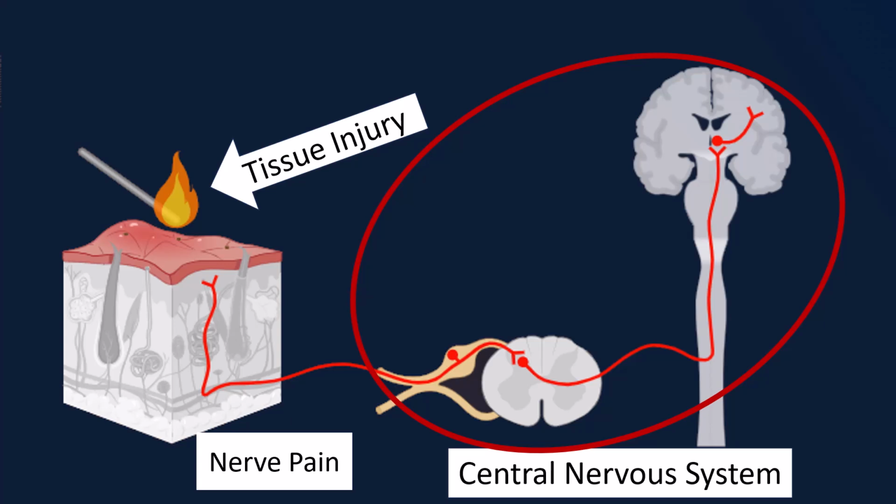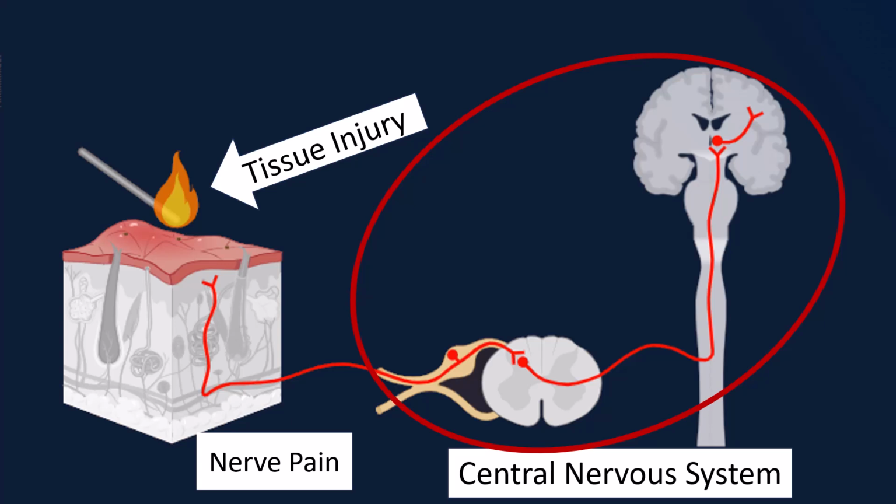Finally, we have the central nervous system consisting of the spinal cord and brain. Pain signals travel up the spinal cord to the brain, where we experience the signals as pain. When injury pain or nerve pain lasts for more than 3 months, we classify it as chronic. And sometimes chronic pain causes the central nervous system to dysfunction.